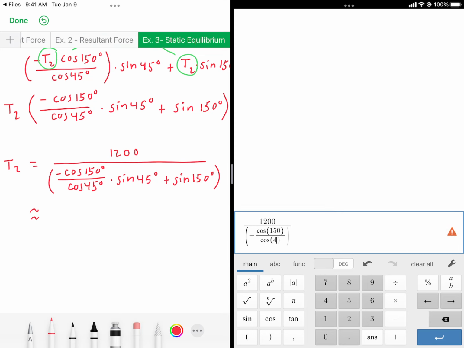Divided by cosine of 45 times sine of 45 plus sine of 150. And you should be getting 878.5, and the units on this would be pounds because this is a force.